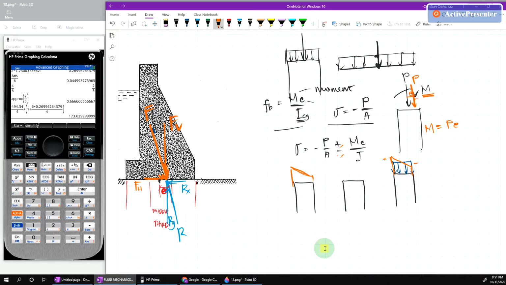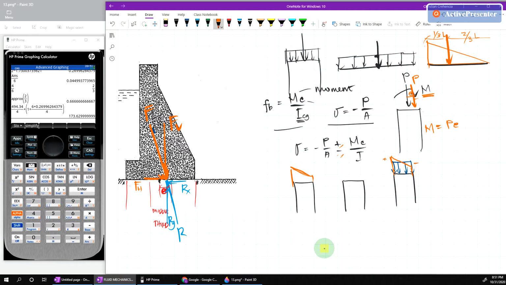So, kung titingnan natin yung, di ba, pag meron tayong distributed load, meron tayong triangular na distributed load. Okay. So, alam natin na yung resultant nito is, this is 1/3 nung length, then this is 2/3 nung length. Okay, so alam natin yan.